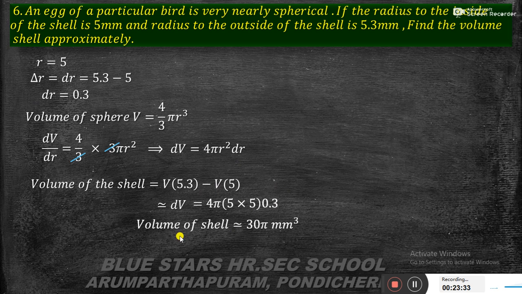I substitute, so the volume of the shell is approximately 5 fives are 25, into 0.3 into 4, that means 30 pi millimeter cube. This is the volume of the shell, the volume of the egg.